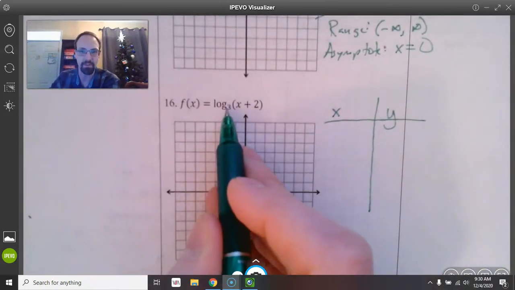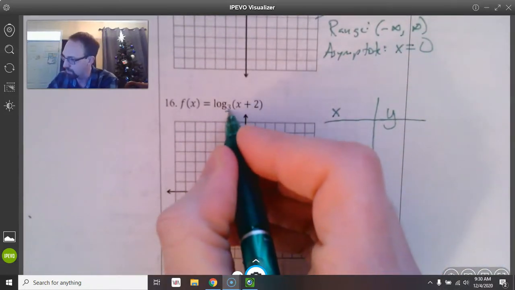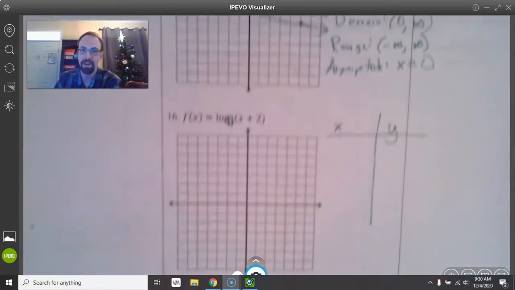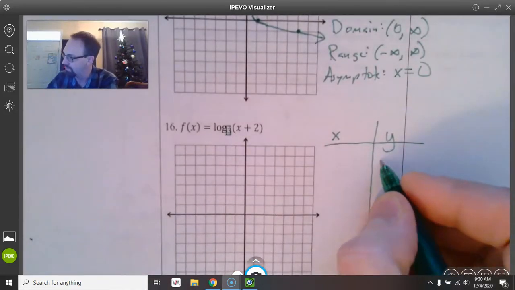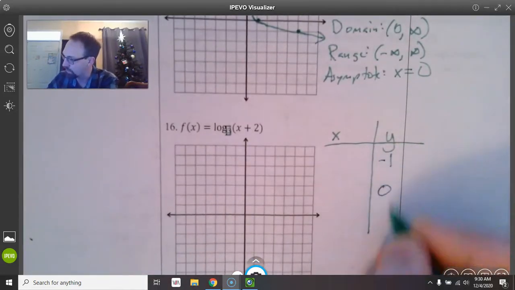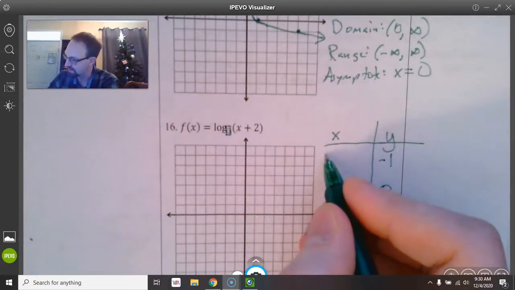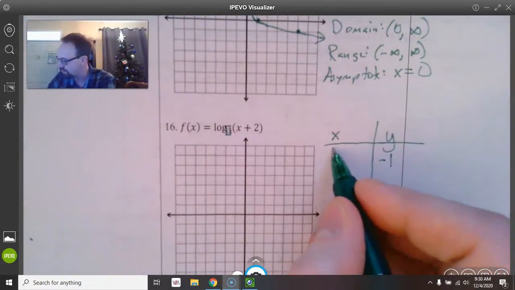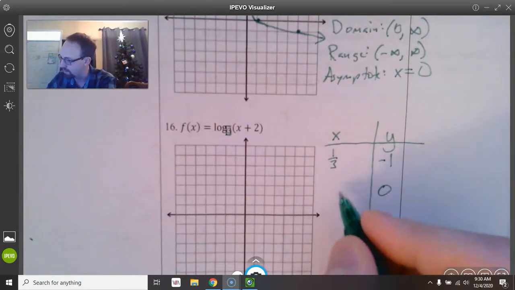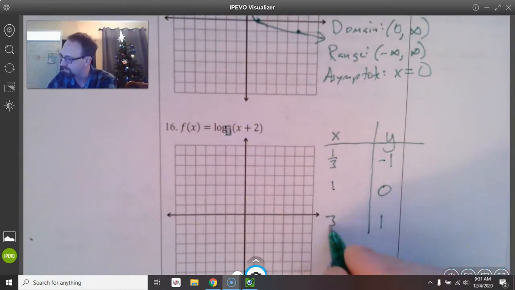My base on this one is 3, so one thing you always want to note first is what's your base. So base 3. This always starts -1, 0, and 1. So my base here is going to be 1/3, and then 1, and then 3.